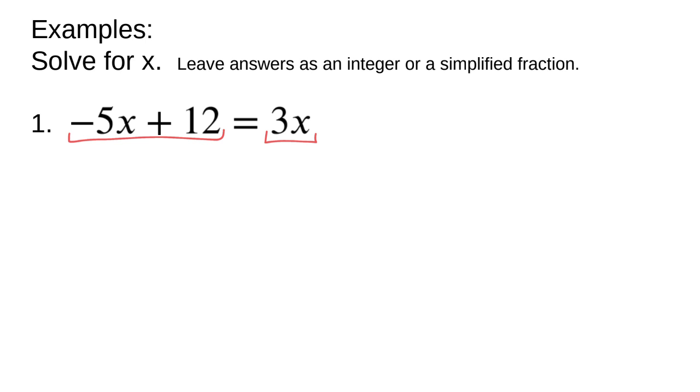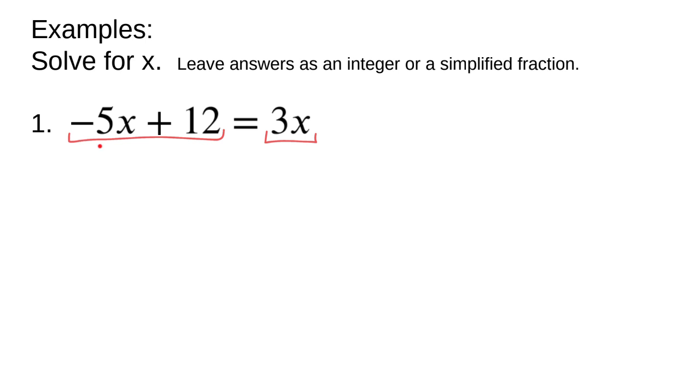So step 2 is to get the variable on one side and everything that's a constant without a variable on the other side. When I start to look at this, I see that 12 right here is my only constant without a variable. If my 12 is on the left side, that means everybody with a variable really needs to go to the other side over here.